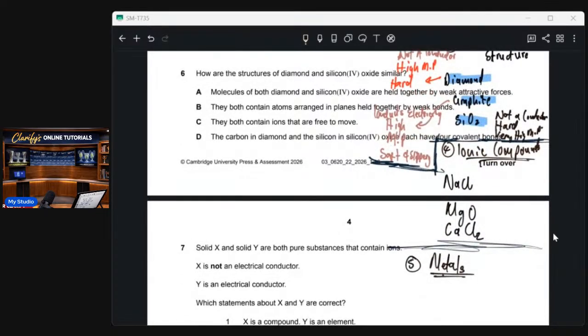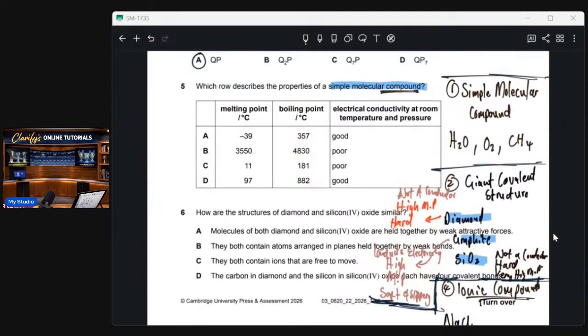But metals conduct even as solids. Metals and graphite are the things that conduct electricity. So now here they are saying melting points. Look at electricity first. It must be a poor conductor. So these ones are out.